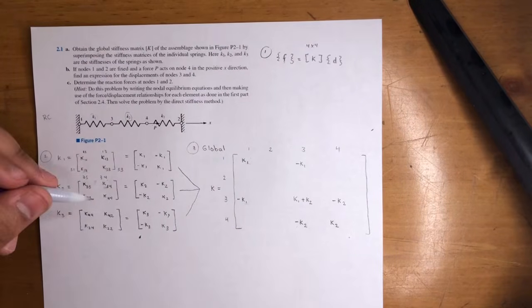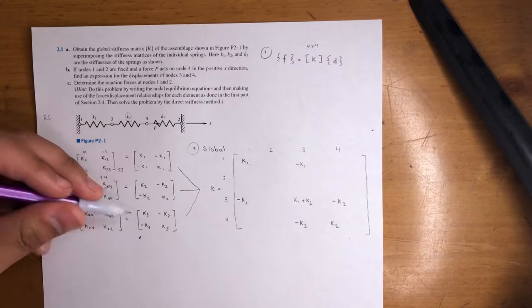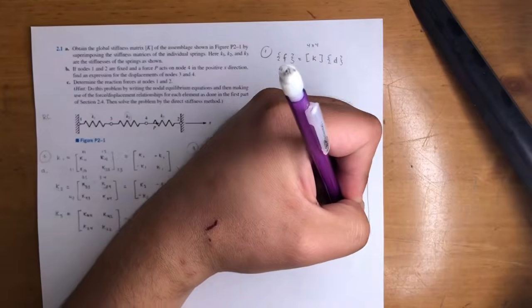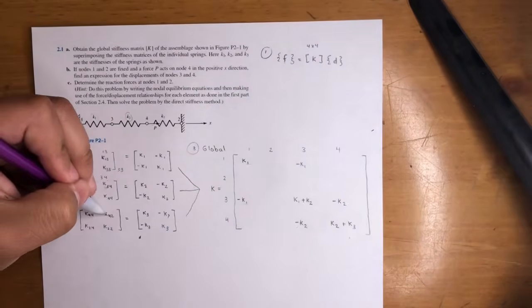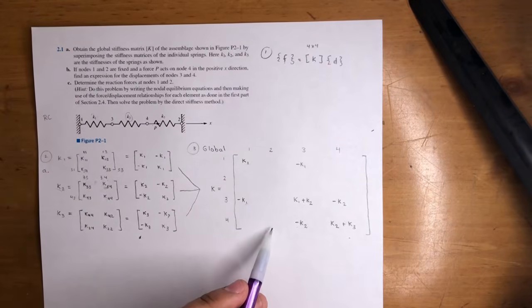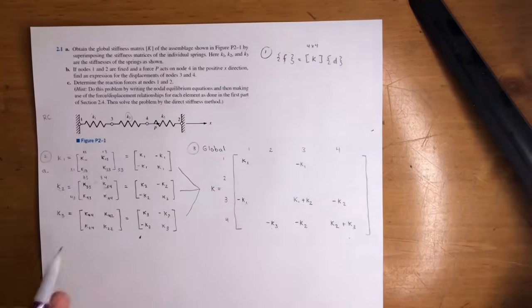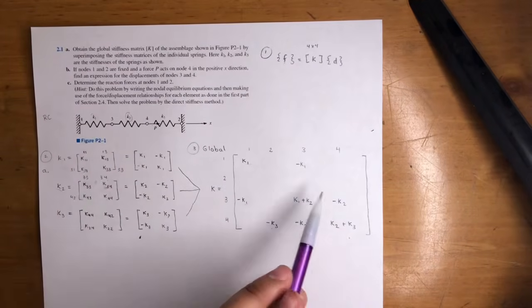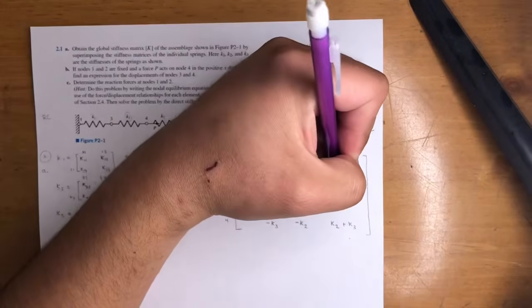Now the last one, we got K44, we have a K3. So plus K3, see what I mean? At K42, which is this spot, we have a negative K3. At K24, which is this spot, we have a negative K3.